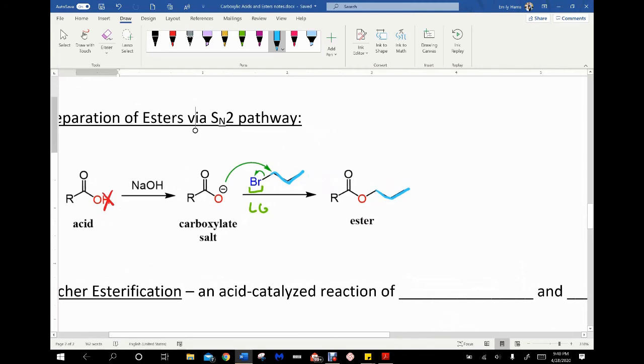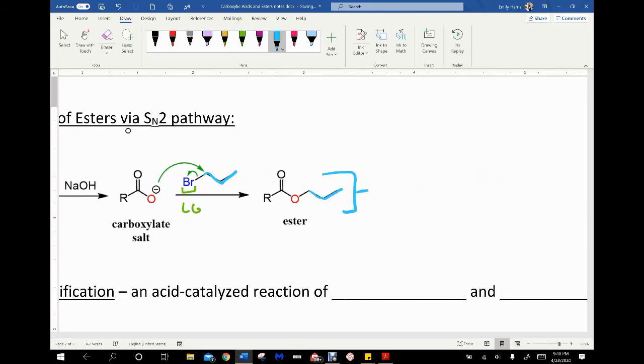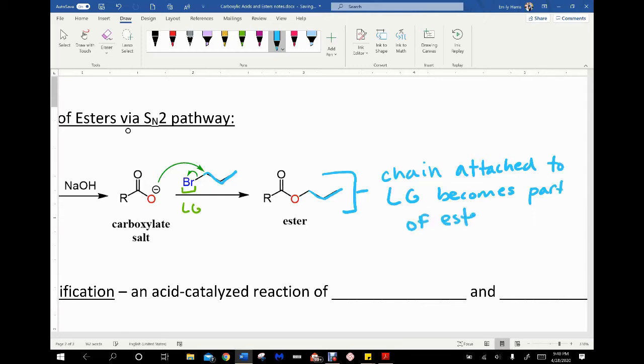And just to note, if you use that option, whatever is attached to the leaving group, I'll put the chain attached to the leaving group, becomes part of the ester.